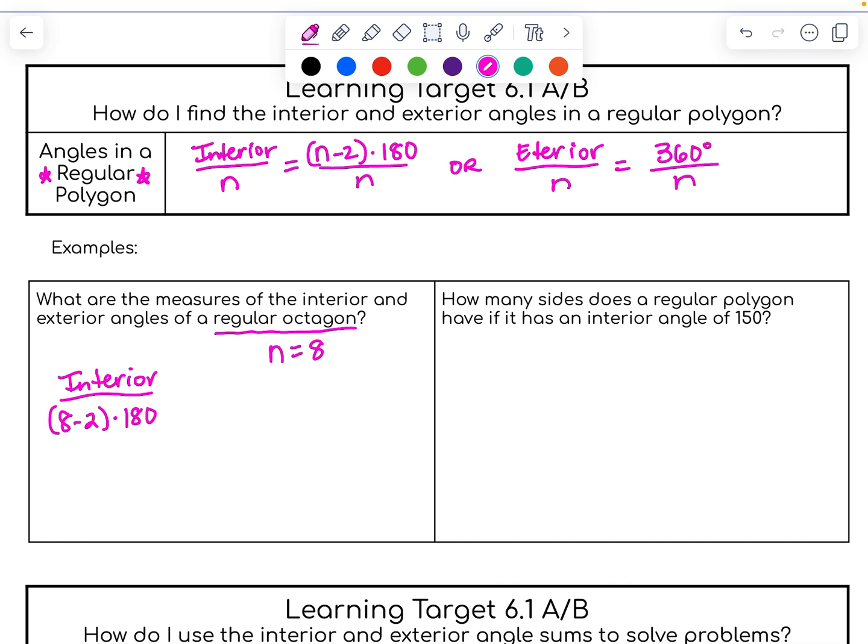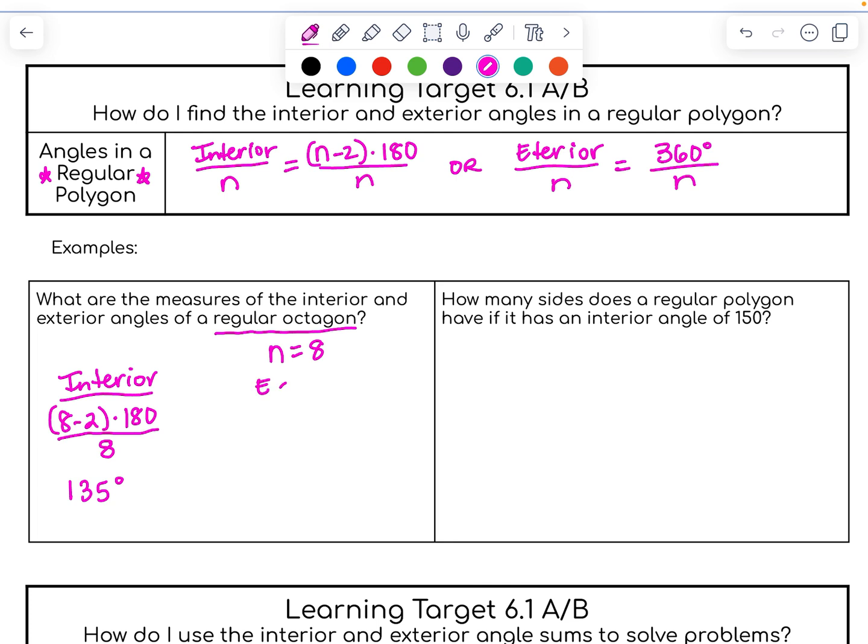That gives us our inside sum. Now we want the interior angles, so we divide by how many angles we have, which is 8, because they're all the same. So 8 minus 2 is 6, times 180 is 1080, and we divide that by 8, and we get 135 degrees.